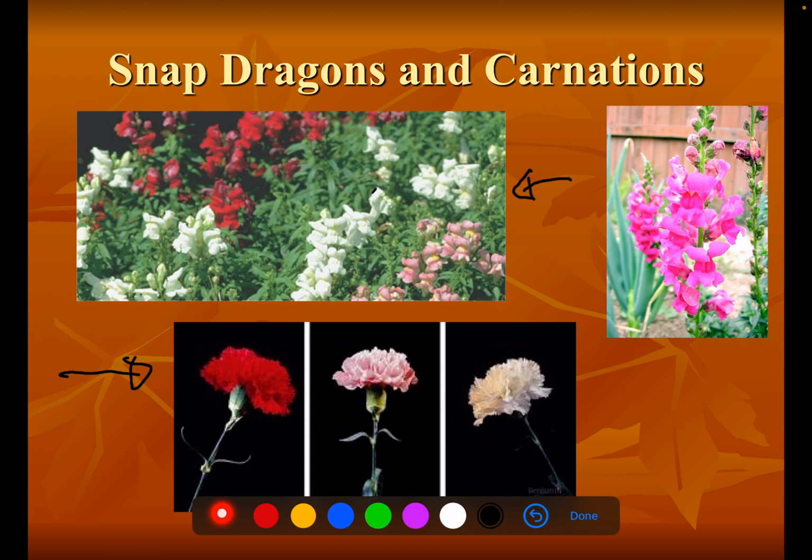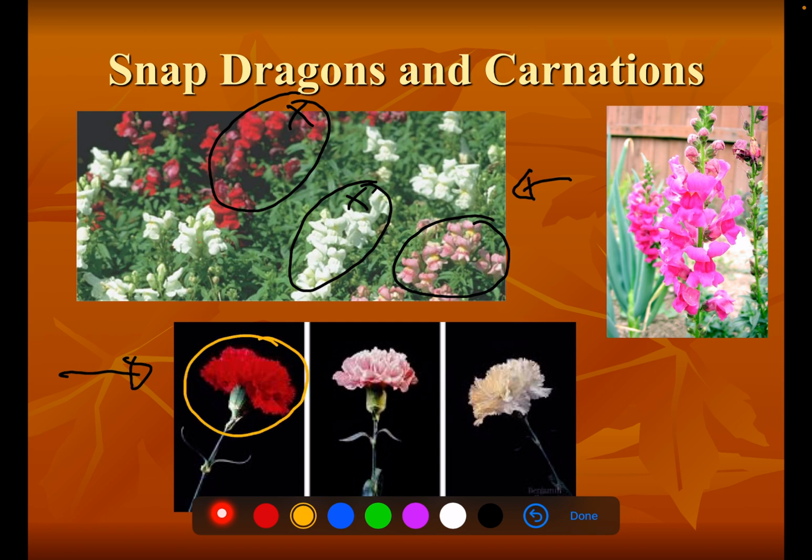And you can see that there's clear reds, clear whites, and here's a pink. That's the product of crossing a red with a white. We'll do a cross in a second to show that. And down below, you're looking at a carnation that is red, one that is white, and if you were to cross those two, you'd get this pink one in the middle. All right, so it's very much like blending, okay?